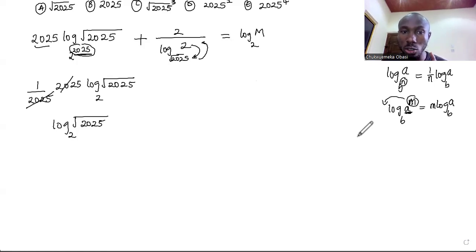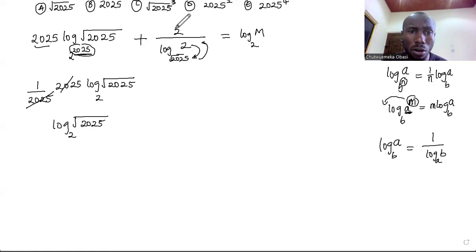Now see the law that shows us it's possible. If I have log a base b, and this time I want to switch a to b and b to a, that becomes 1 upon log b base a. Does it make sense? So whenever you want to switch, the logarithm turns out to become an inverse expression of itself. So if it makes sense, then you know what we can do right here.